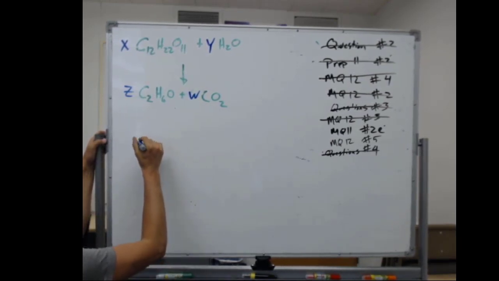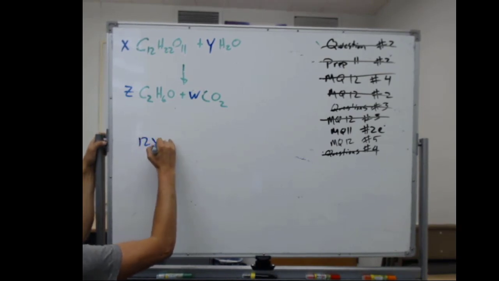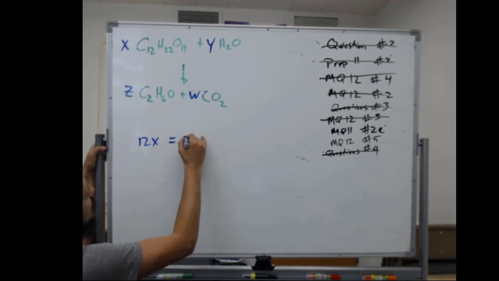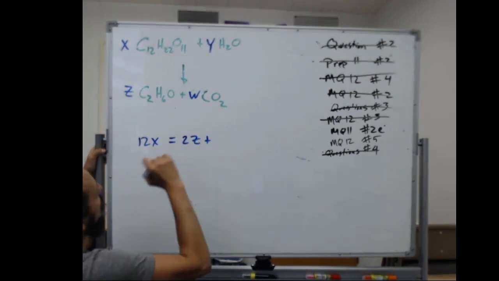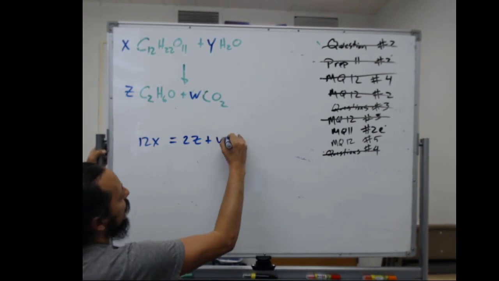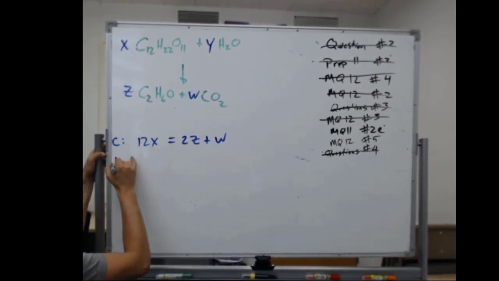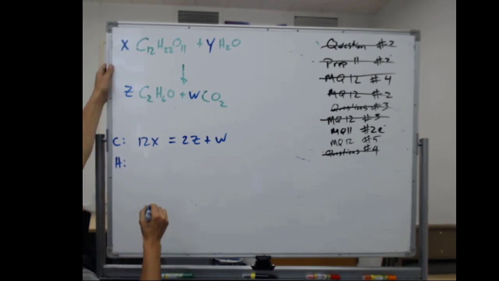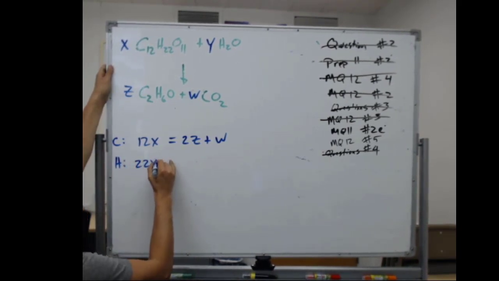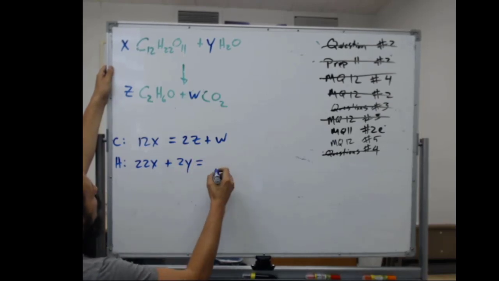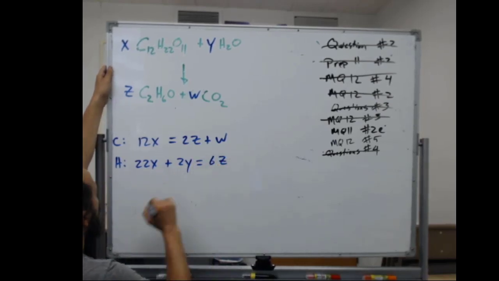My carbon equation is going to be 12x is equal to 2z plus w. My hydrogen equation would be 22x plus 2y is equal to 6z.